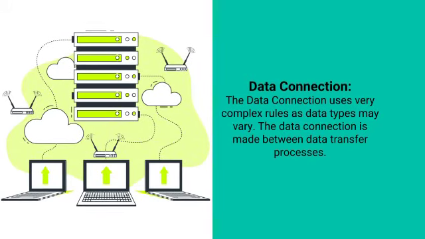So one is a control connection, another is a data connection. The data connection uses very complex rules as data types may vary. The data connection is made between the data transfer processes. It opens when a command comes for transferring the files and closes when the file is transferred.